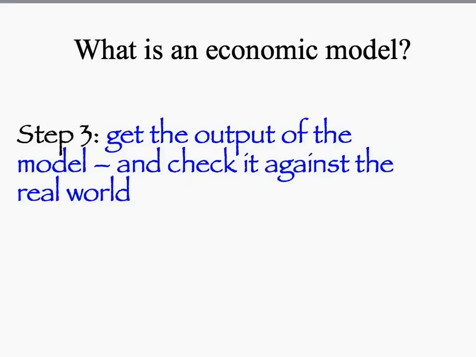Sometimes you can do this by checking if the answer provided by the model makes sense. In other words, does the answer align with the behaviour that you actually see in the real world? More formally, you can check the model against real-world data, using econometrics or by using other statistical techniques.